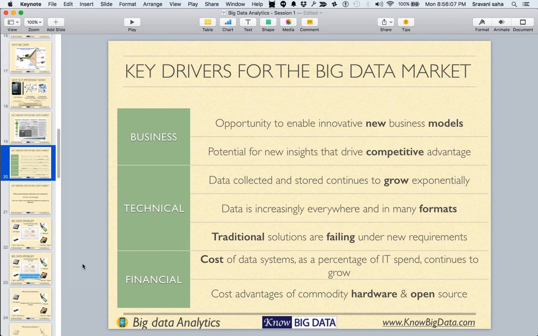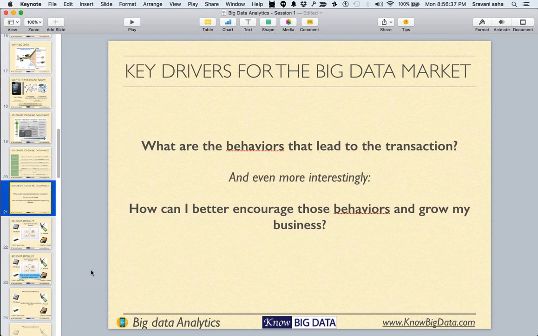On the financial side, the cost of data systems is going low, as hardware is becoming commodity hardware and software is becoming open source. This way most of the companies are investing more and more time and money into the big data domain.